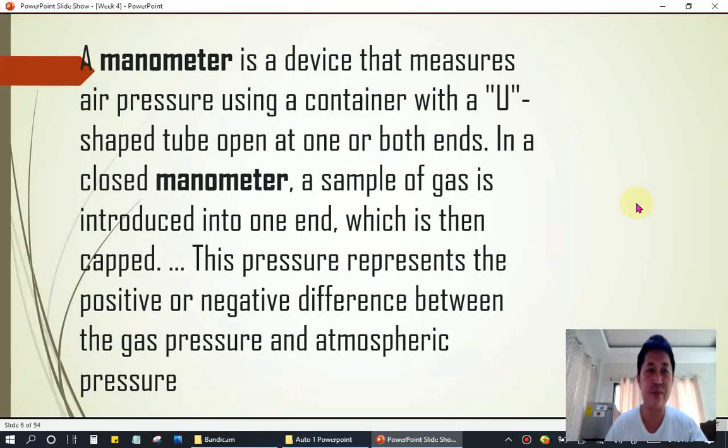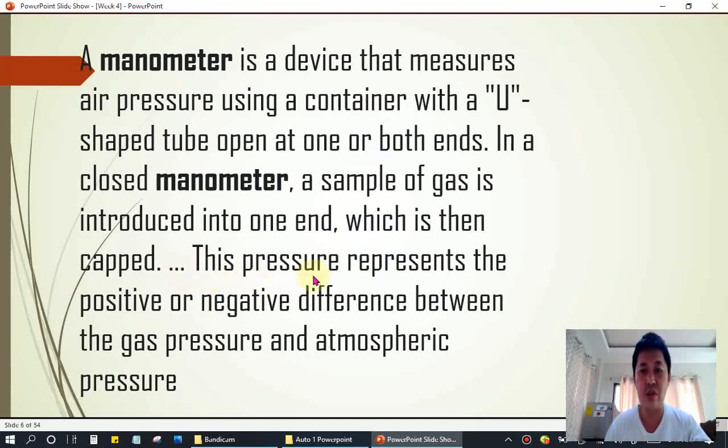So next, what is a manometer? It is a device that measures air pressure using a container with a U-shaped tube open at one or both ends. So in a closed manometer, a sample of gas is introduced into one end, which is then capped.